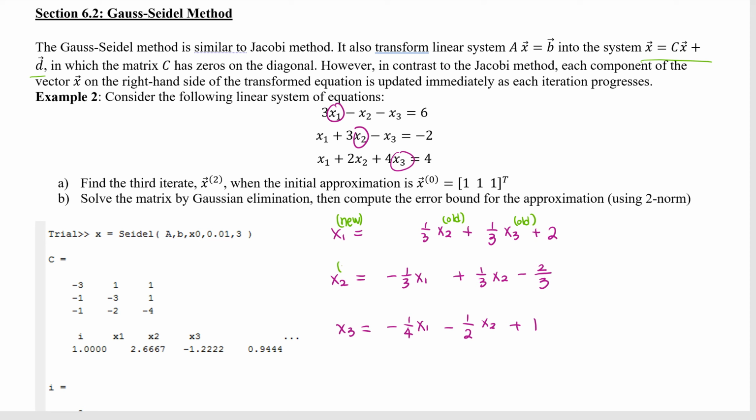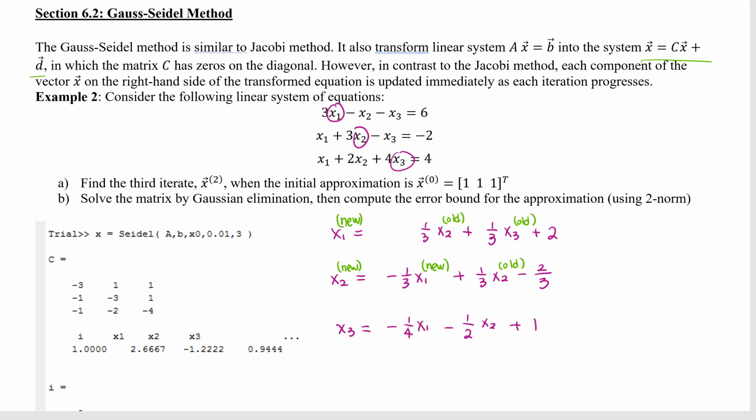And x2 of the new vector is minus 1/3 x1. Because we already have x1 of the new vector, we use the x1 of the new vector, not the x1 of the old vector. And x2, we don't know it yet, so we use the old vector.